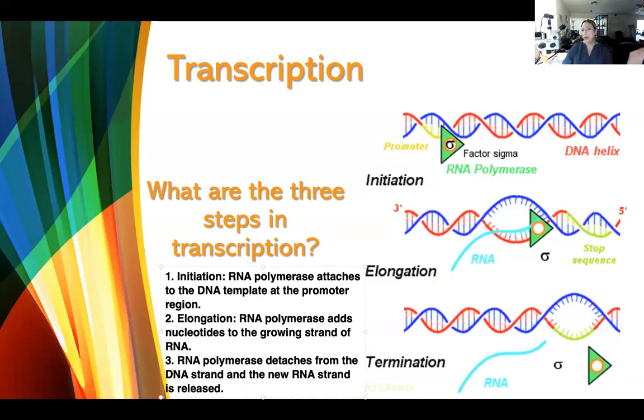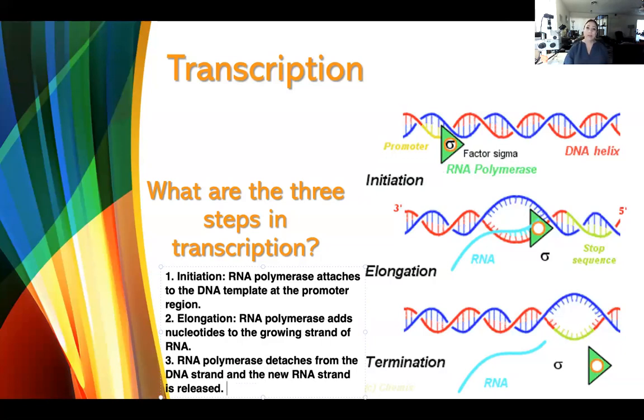And like I said, if you read about this online, and even in your textbook, it goes into a lot more detail, but this is all I really need you to know about this. Initiation is when RNA polymerase sees that promoter region of the DNA, it attaches, and that is where it will start transcription.